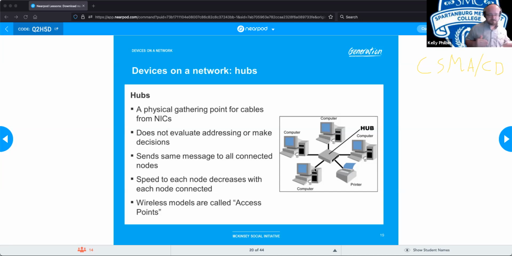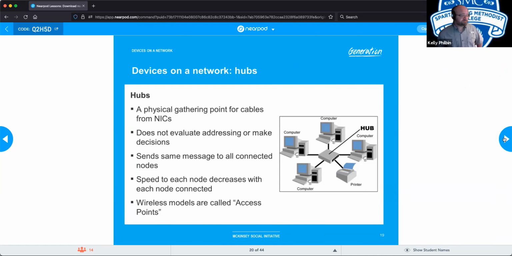As the ones and zeros come in, it transmits the ones and zeros back out. So it operates off of the physical layer, a layer one device. Seems kind of inefficient. So somebody improved upon this technology.